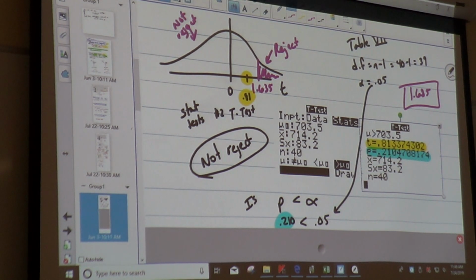Is 21 cents less than 5 cents? No. So we are not going to reject. We only reject it if P is less than alpha. P's low, the H0 must go. If P's low, we need to reject it. So either way we do it, they should give us the same exact answer.